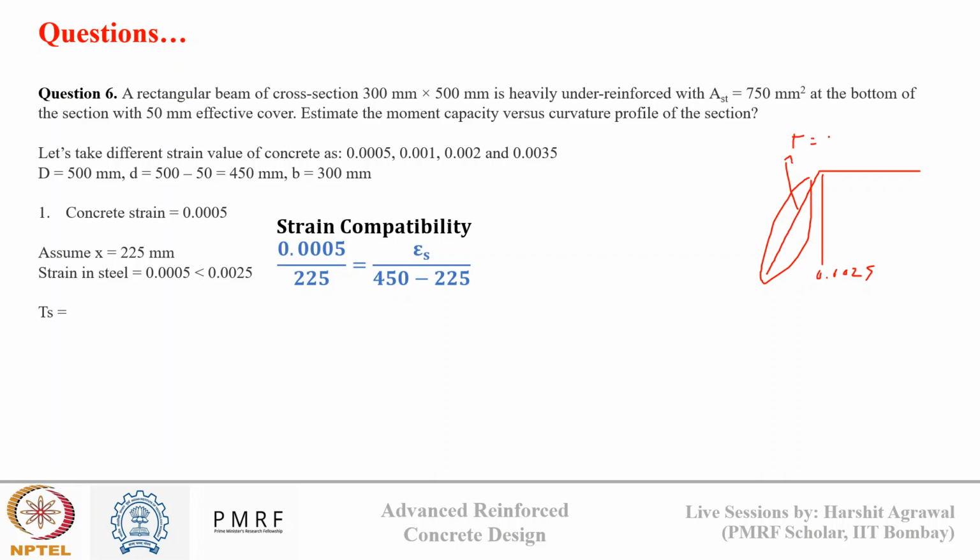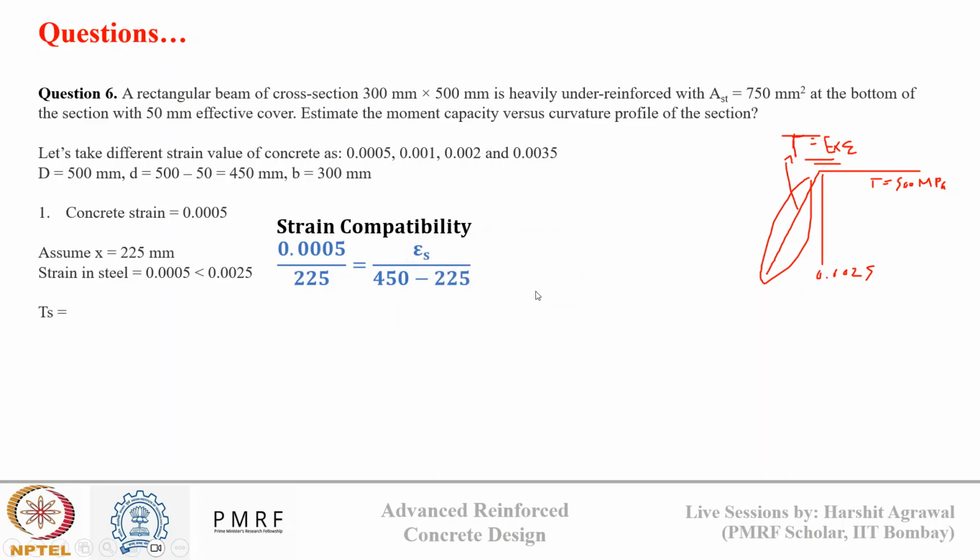It is nothing but the modulus of elasticity times the strain. And if we have a strain more than 0.0025, then the tensile strength of steel will become constant. It will be 500 MPa. Right now we are at a value lower than 0.0025, so we'll calculate the tensile strength of steel by this relationship.